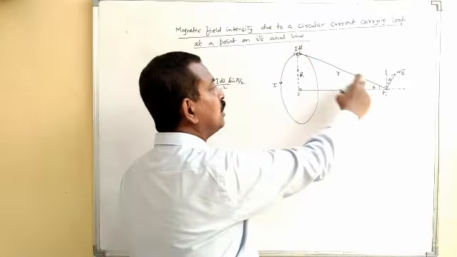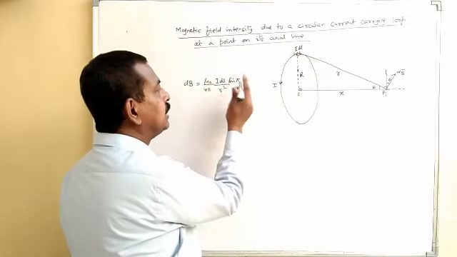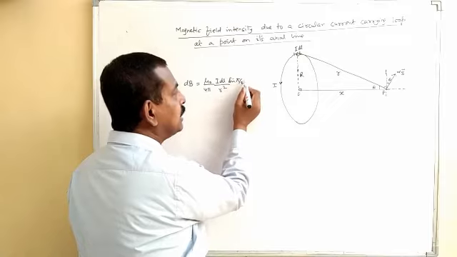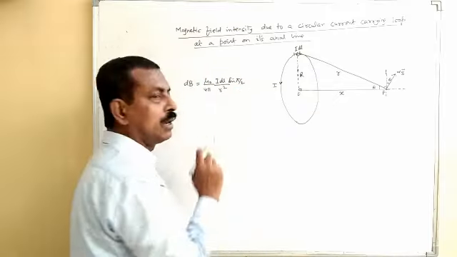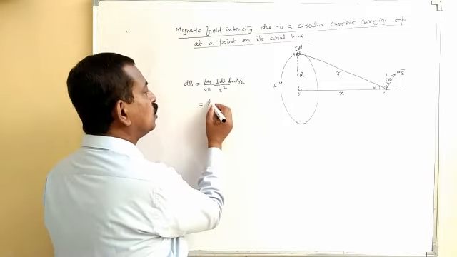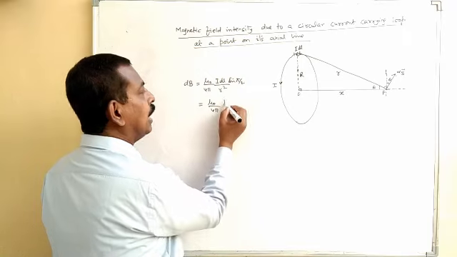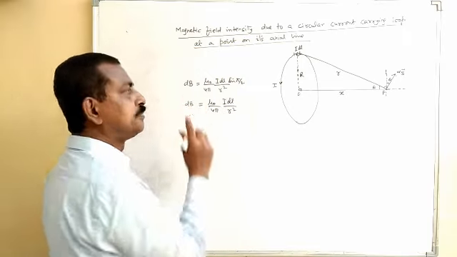So we have taken mu naught by 4 pi I dL, and this sin 90. And r is the distance, so it is r square in the denominator. So this can be written as mu naught by 4 pi I dL by r square. This is dB.